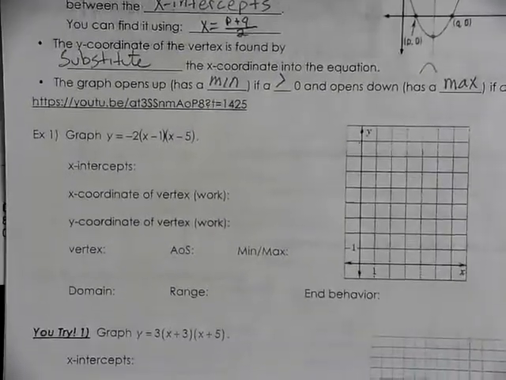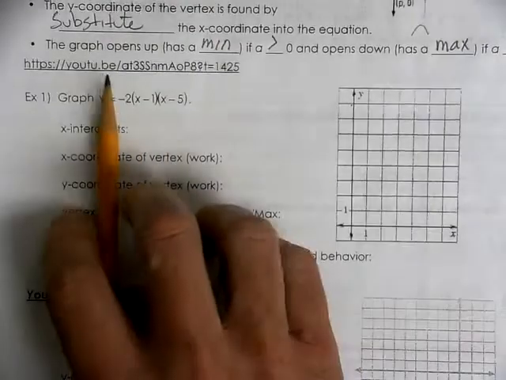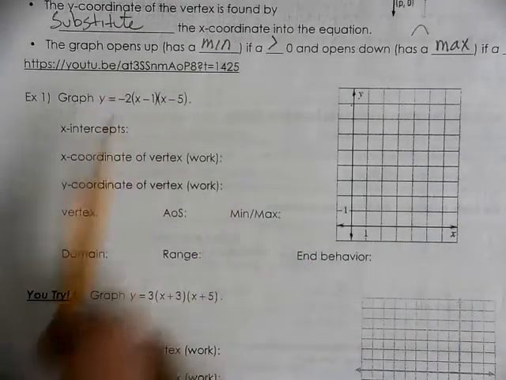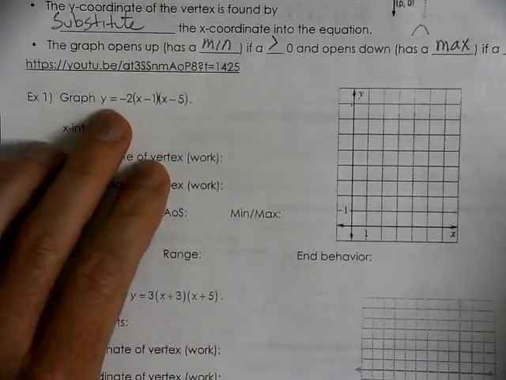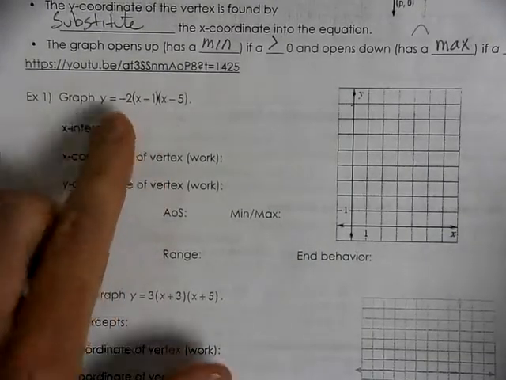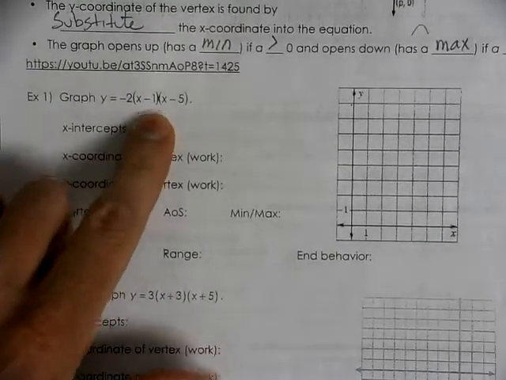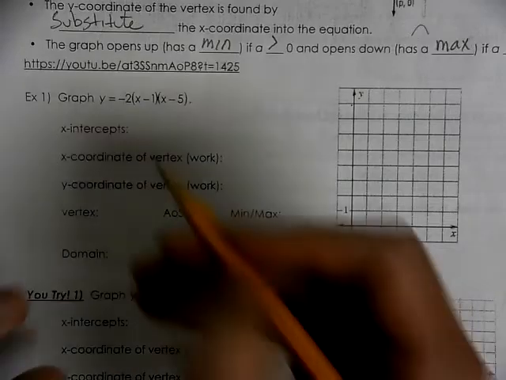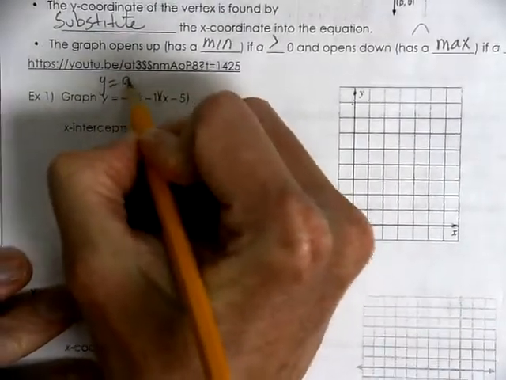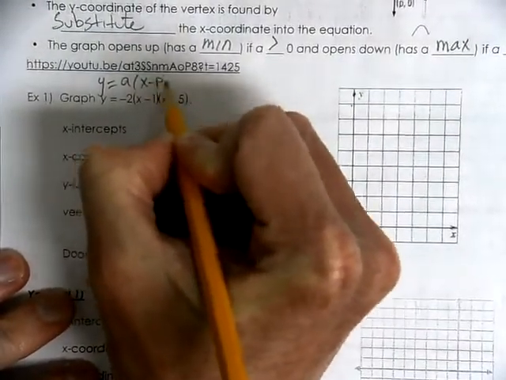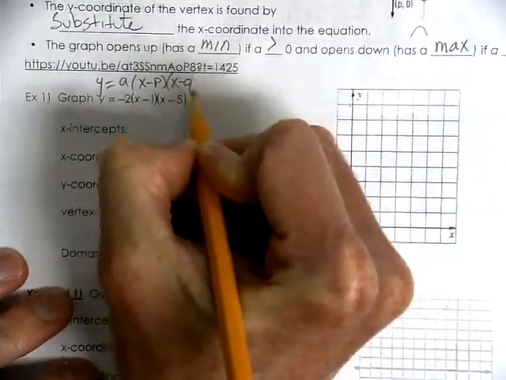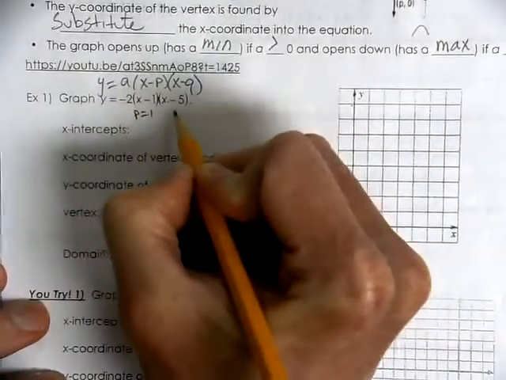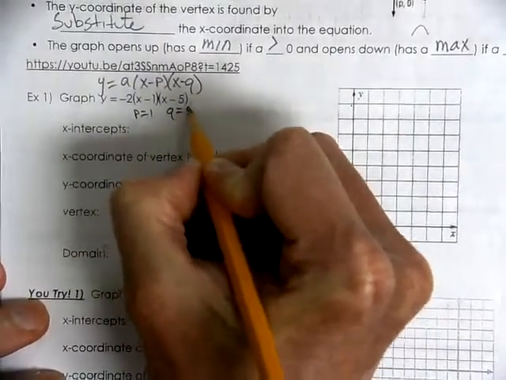The a value won't be 0, or else you don't have an x squared quantity. So here's a video of our process that we'll be working on, if you would care to see that. We're going to talk about graphing in intercept form. So we know that our formula is y equals a(x minus p)(x minus q). So I know that my p value is 1 and my q value is 5.